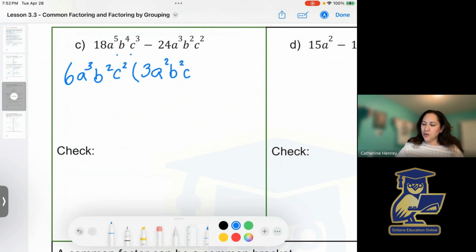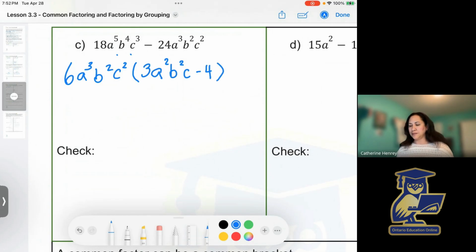And then negative 24a^3b^2c^2 divided by 6a^3b^2c^2 would leave me with a negative 4, and all of the other variables cancel. So there we go.